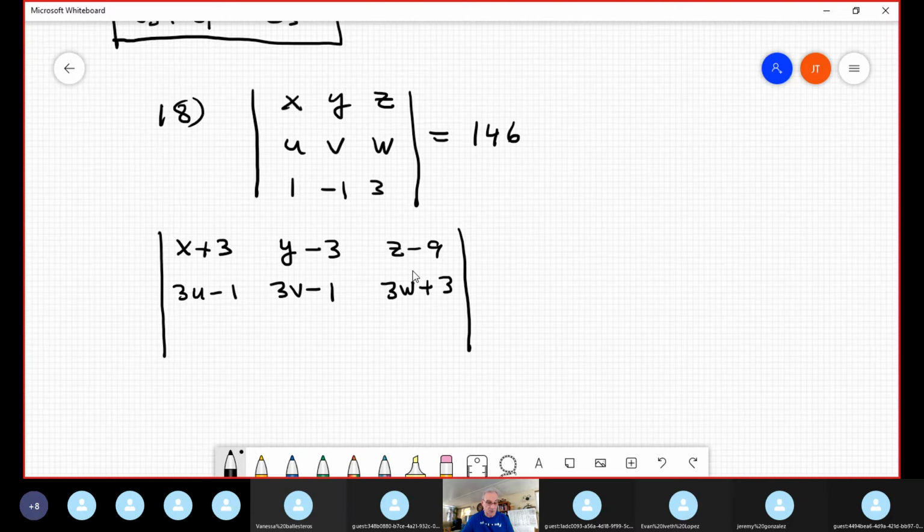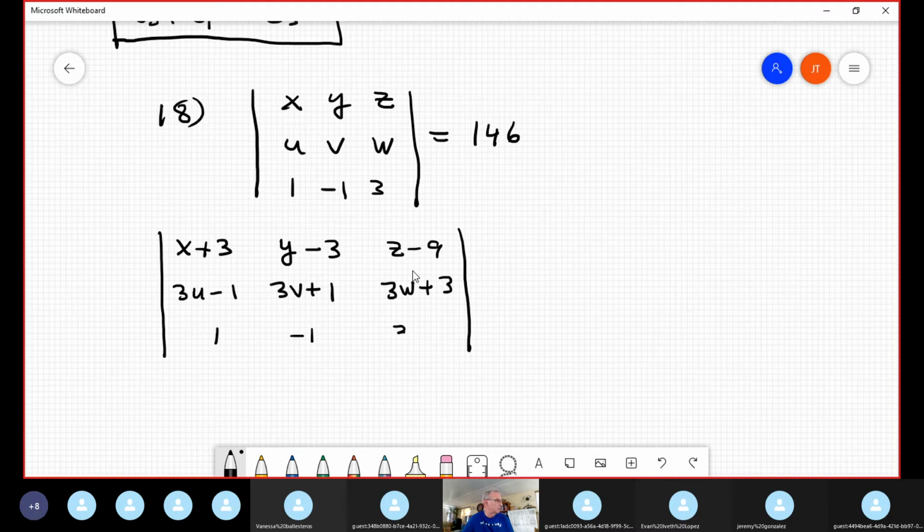This is plus, and let me see if it's minus plus. This is plus here, right? This no, it stays the same, 1, negative 1, 3. It's 3 or 2? It's negative 2, no? Wait, no, it looks like a 3. I made a mistake. It's 3u minus 1. I see that 17 is 18.